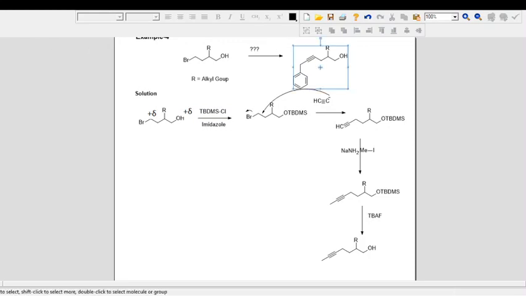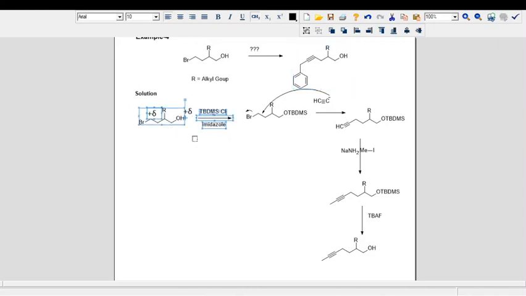Obviously, quite simple. We will protect this hydroxyl group. You now clearly know that the protection of this hydroxyl group is necessary. Once it is protected, we are going to use sodium acetylide as a nucleophile, and we get this product here.